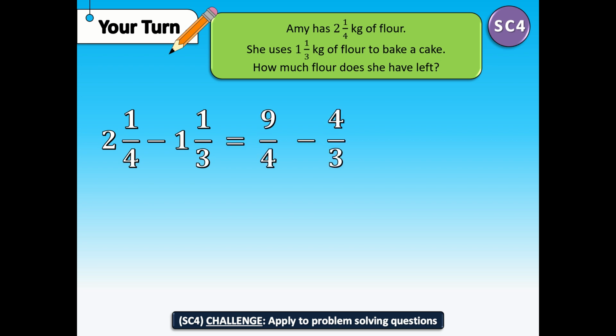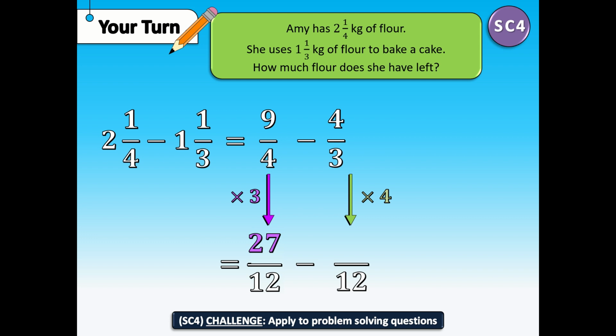So we make them both into improper fractions. We make the denominators the same. So I've times this fraction by 3 and this fraction by 4, and I take away the numerators. So 27 take away 16 is 11, so my final answer is 11/12.